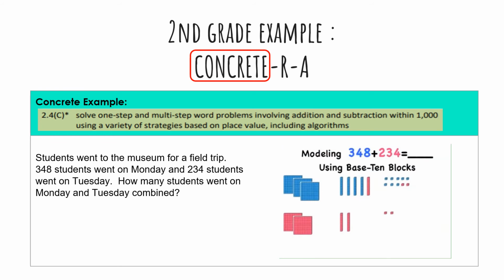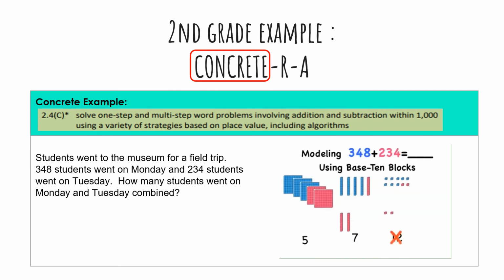Now that our tens are organized in rows of 5, let's organize our hundreds. So now that we have our blocks organized, this leaves us with 5 hundreds, 7 tens, and 12 ones.